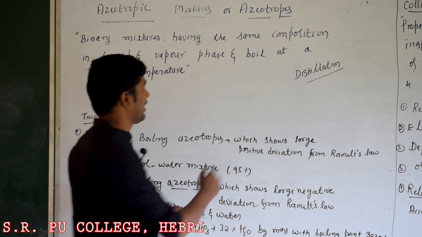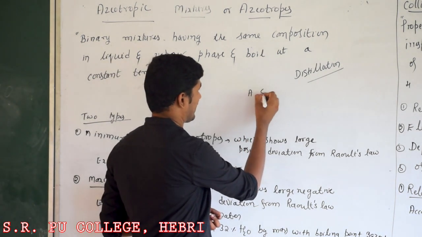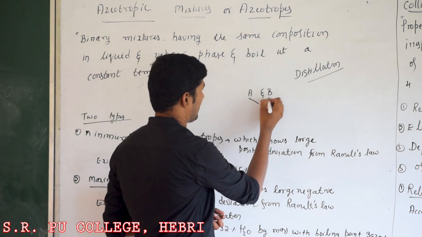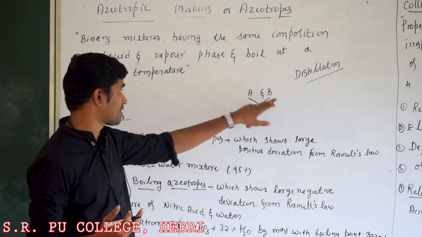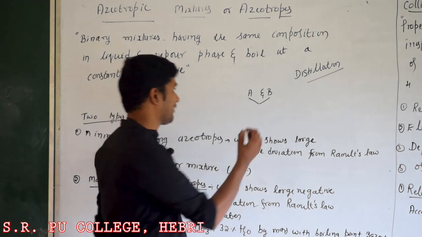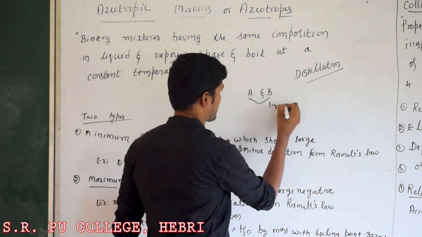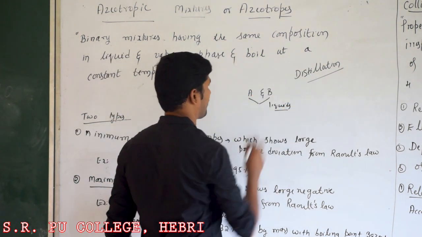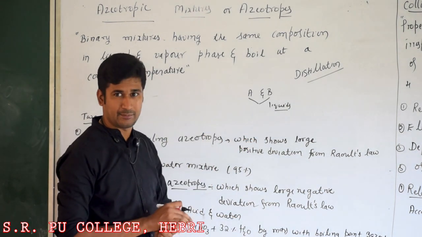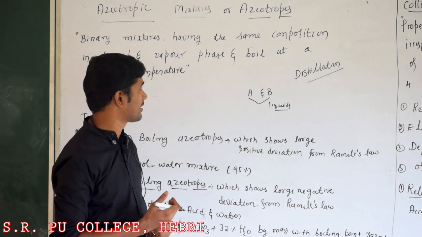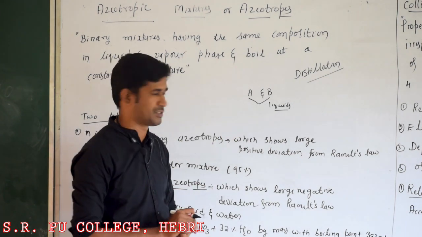If you take two liquids A and B in a solution, and the boiling point difference between the two components is quite high, then you can separate them using distillation or fractional distillation.